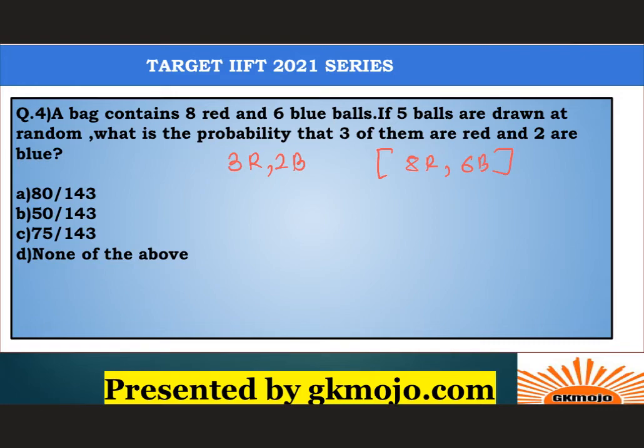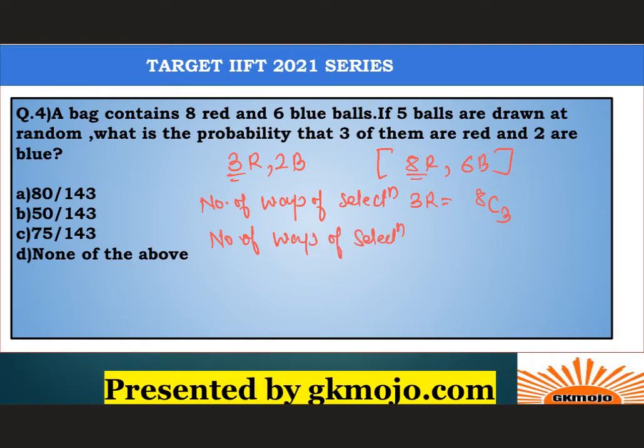So first of all, the number of ways of selecting 3 red balls is equal to 8C3, right? Total 8 are there, we have to select 3. Similarly, the number of ways of selecting 2 blue balls will be 6C2, right?